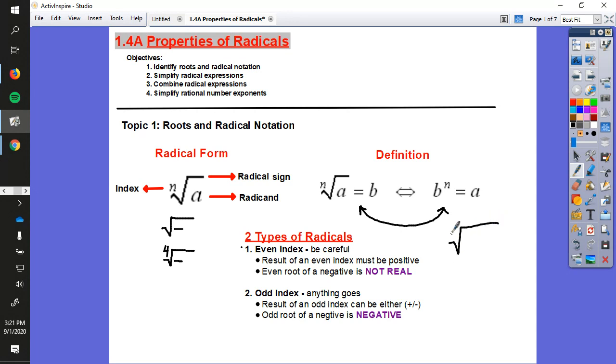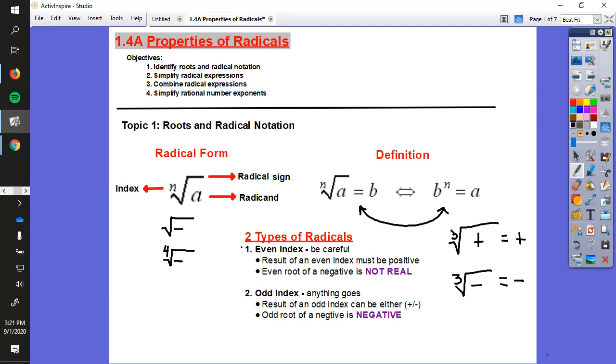So if I have a cube root of a positive inside, then my solution is going to be positive. If I have the cube root of a negative, that's not going to be imaginary like it would be with a square root of a negative. A cube root of a negative simply means my answer is going to be negative, because I can multiply three negatives and get a negative. So when the index is odd, you can get negative solutions.